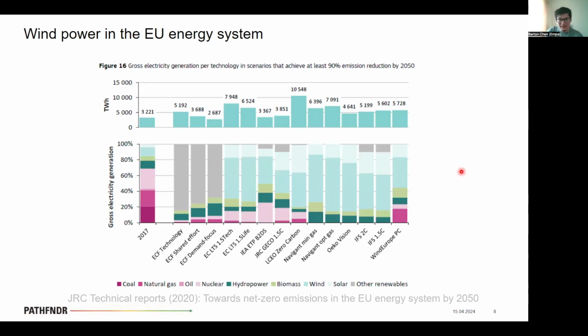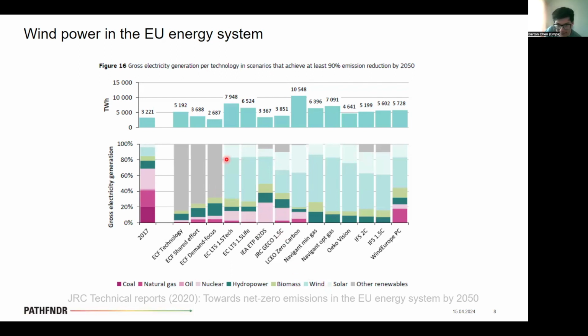So you can see that at the top is the electricity generation in the EU, and at the bottom is the energy mix of the electricity generation in the system at that time. One of the things I want to point out is the wind power, which is this little bit of blue color.